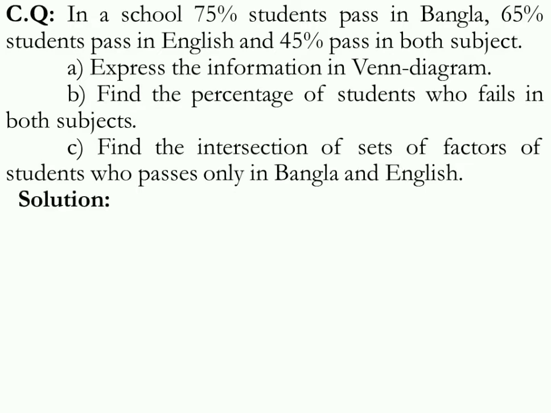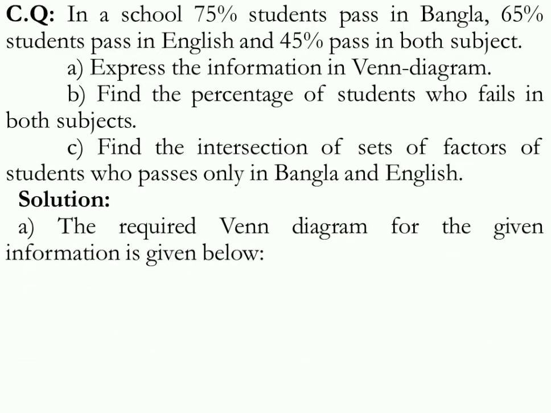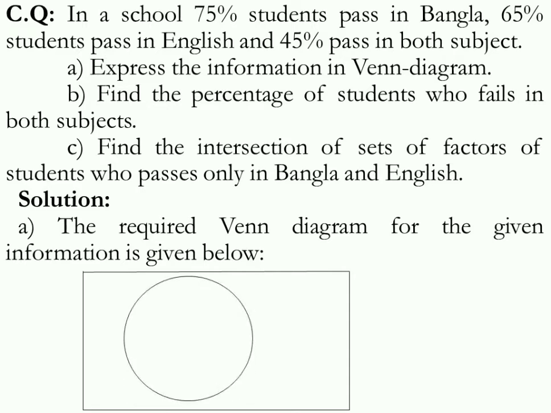In A, we have to show them in a Venn diagram. At first, we have to draw a rectangle. Inside, we have to draw two circles like this, which intersect each other, and there should be a common space between these two circles because we have a common portion here.